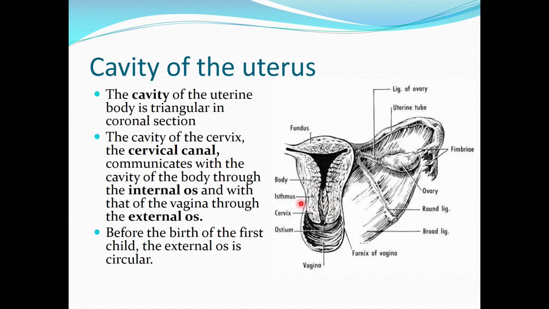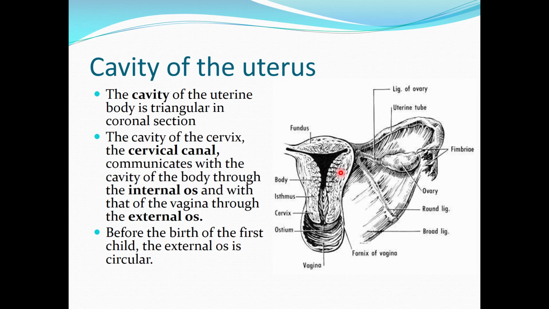See here, this is the internal os through which the cervix communicates with the uterine cavity. The cervix projects into the vagina and opens into the vagina through one opening, or os, which is called the external os. Before the birth of the first child, the external os is circular in shape.